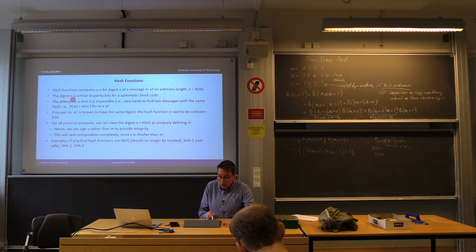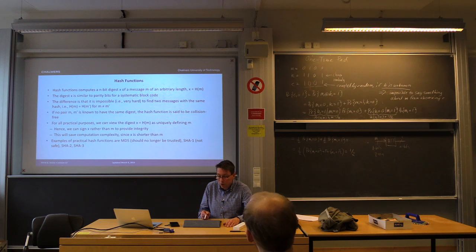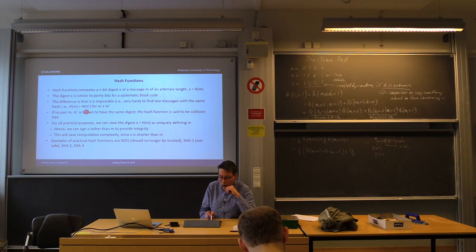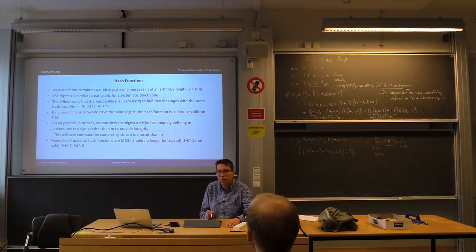So x is somehow similar to the parity bits for systematic block codes, but the difference is that it's very hard to find two messages with the same hash, with the same digest. So if m and m prime are not the same, it's very, very difficult to find a pair m and m prime such that they have the same digest.